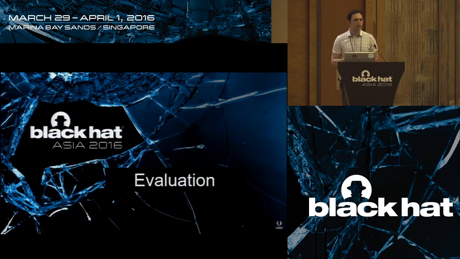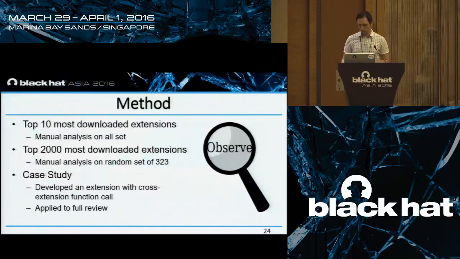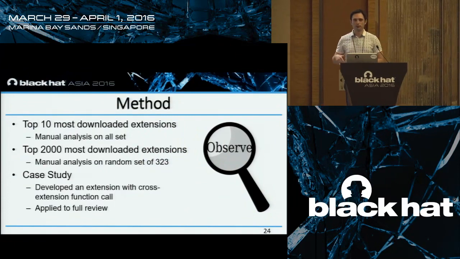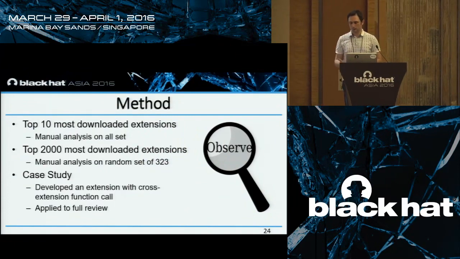So we also evaluate that tool, and we used two different experiments. In the first one, we look at the top 10 most downloaded extensions, and we manually analyzed all of them to verify whether our output is correct or not.